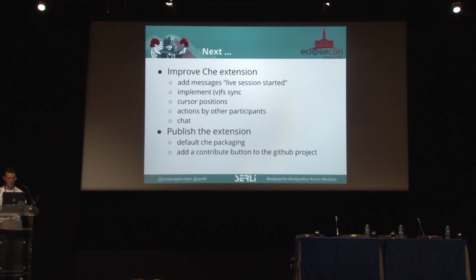We can add a chat extension as well. But the thing I'm going to do right away after the conference is, in the GitHub project, add the contribute button so you can contribute to this project, test it, and make it better.